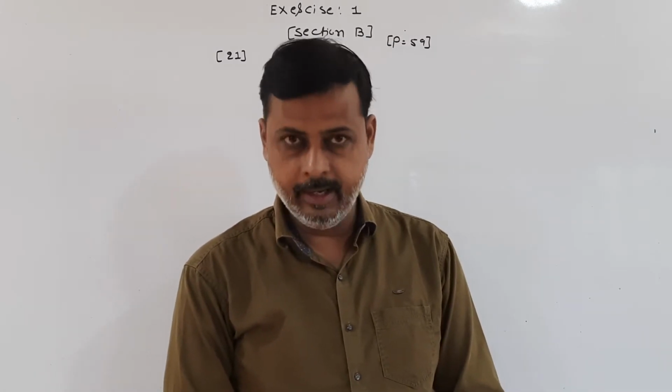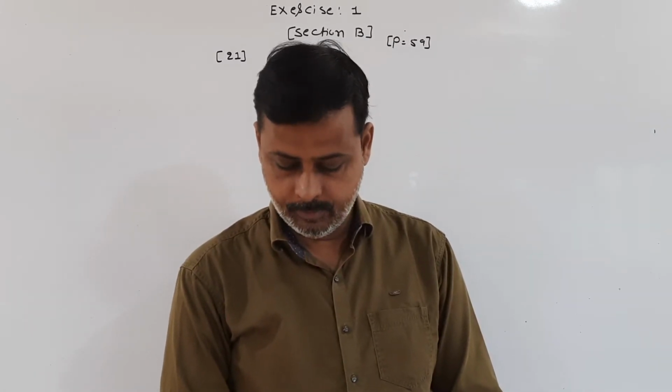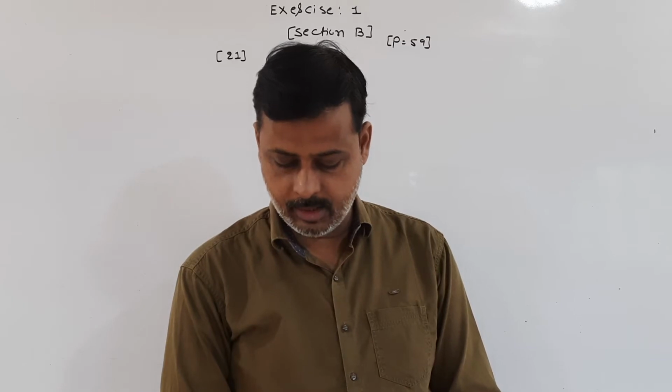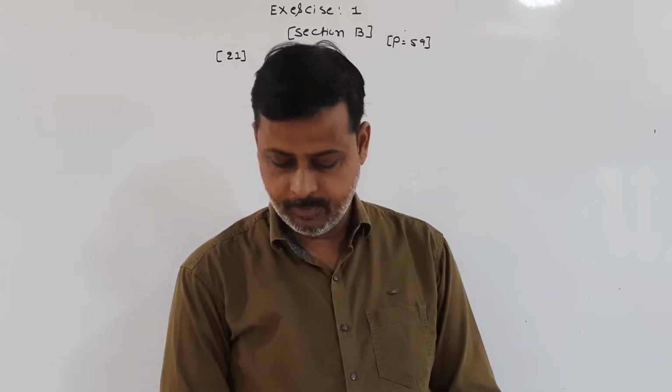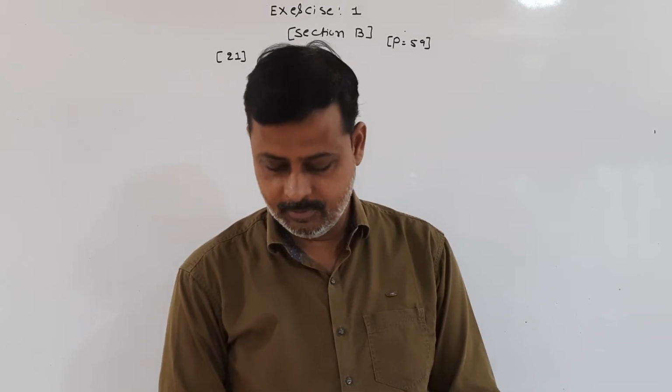Example number 21. Two events A and B in a sample space are mutually exclusive and exhaustive.